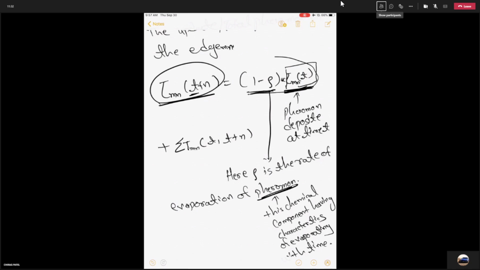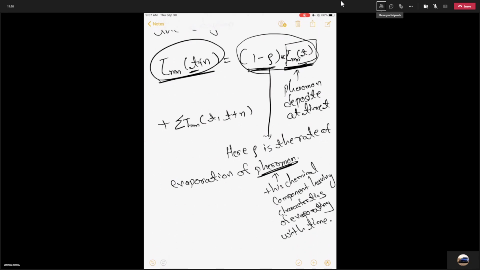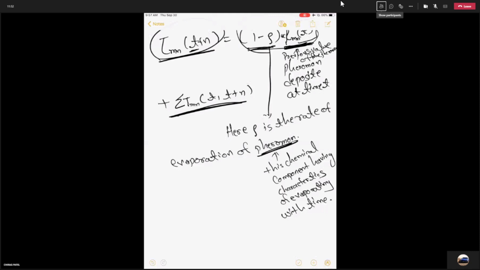That's why we multiply 1 minus rho by the previous value of the pheromone, and this is your current value.